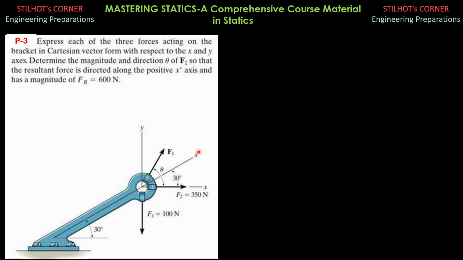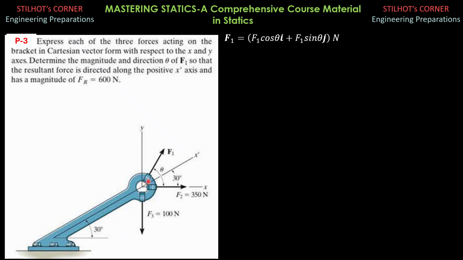Because it is directed up and to the right, the x component is positive, and the y component is also positive. In vector form, that resultant is 600 cosine of 30 degrees i plus F1 sine theta j.